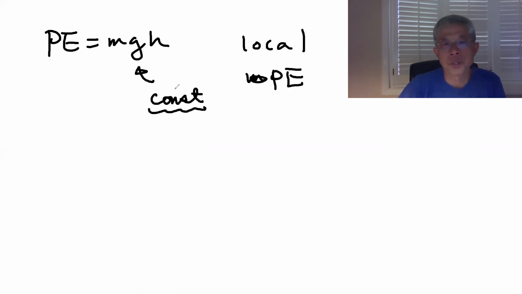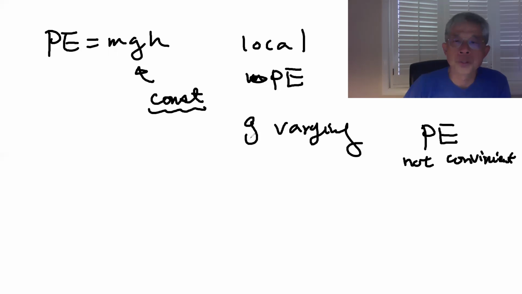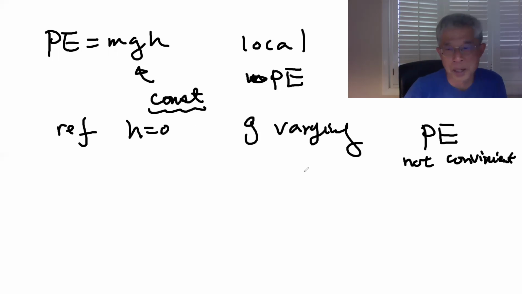If g is varying, then this formula is not convenient because it's changing. So only when g is constant we're using this form, and the reference is at h equal to zero.